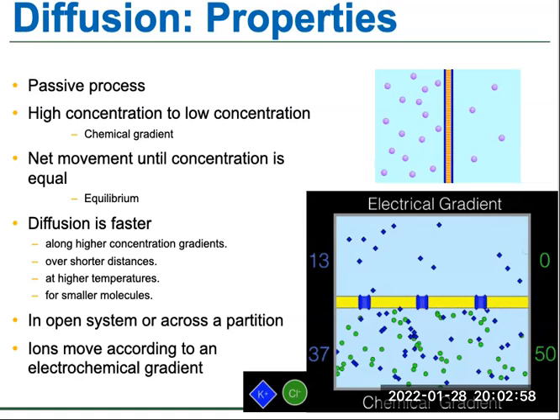And so, in other words, diffusion can be defined as the movement of molecules from an area of higher concentration of the molecule to an area of lower concentration of the molecule. And this process is always passive, meaning that it does not require an input of energy from an outside source. And that movement of molecules will continue until the concentration is equal on both sides.